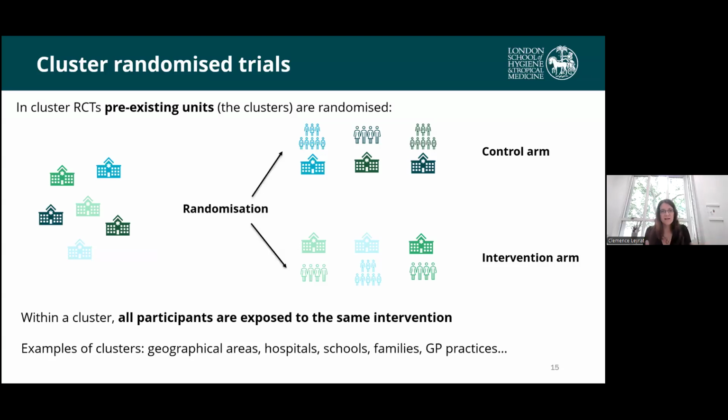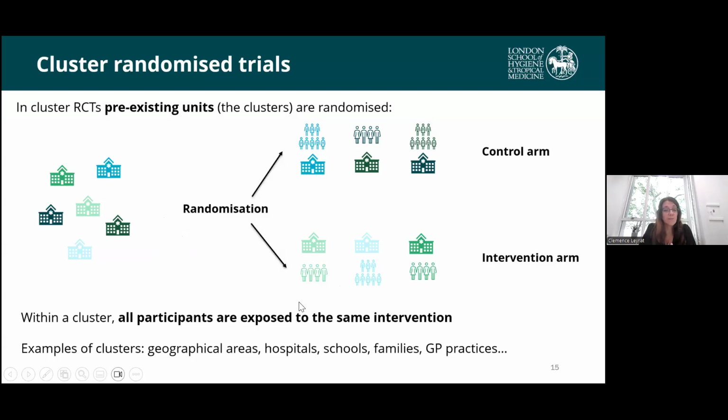So the general idea in cluster randomized trials is that we are going to randomize pre-existing units, what we call the clusters. So these are groups of people, and all the participants within that cluster are exposed to the same intervention. So here you have hospitals, and then there is randomization, and some hospitals are randomized to the control group, some to the intervention group.